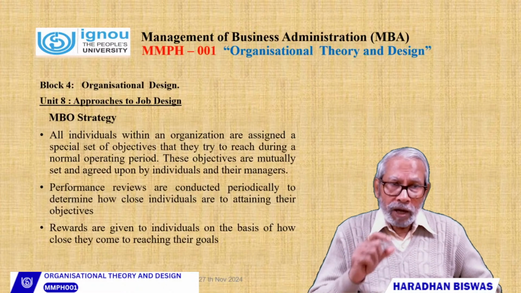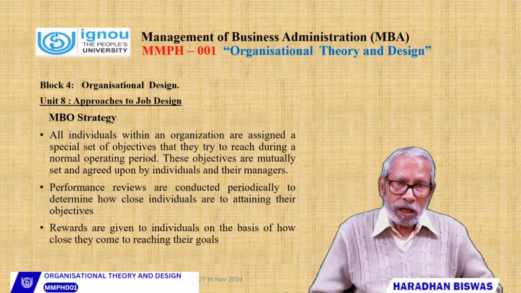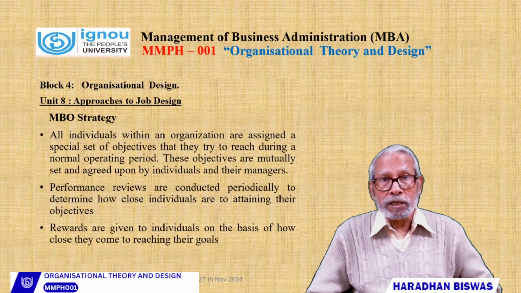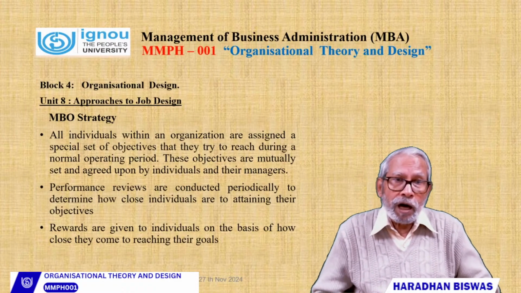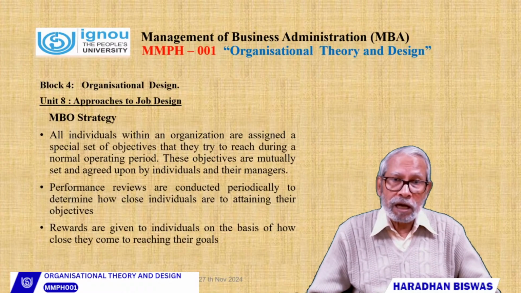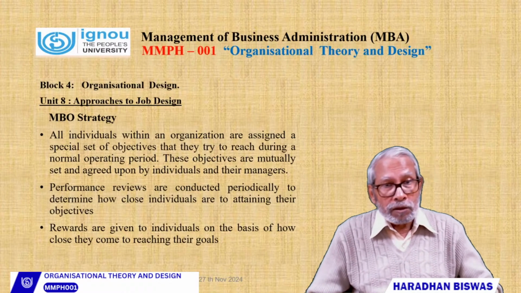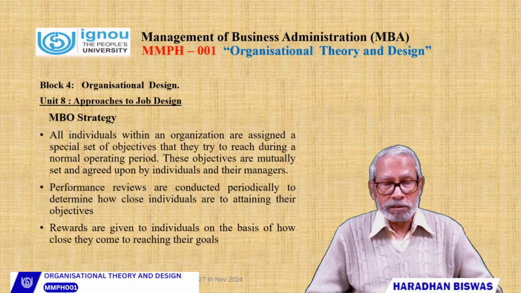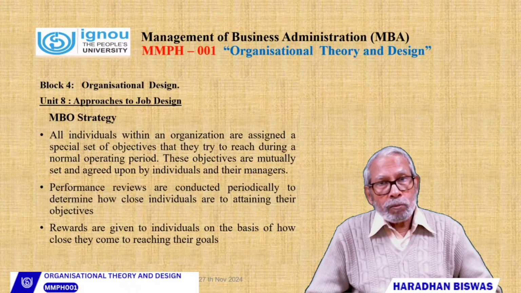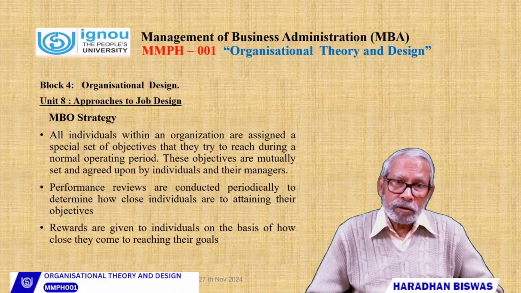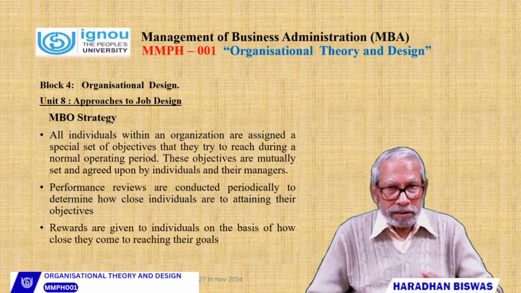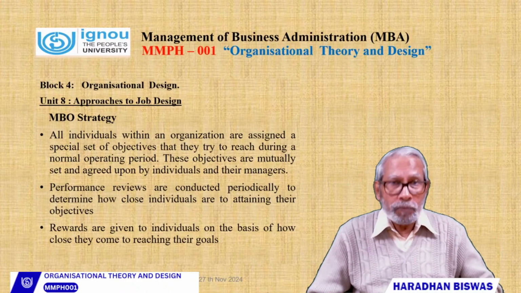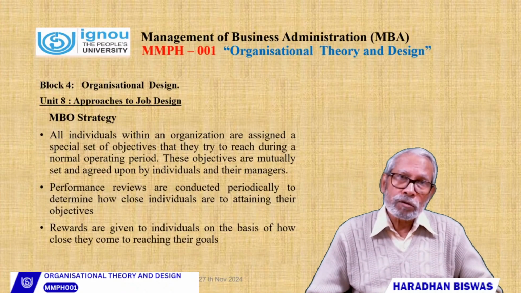Second, performance reviews are conducted periodically to determine how close individuals are to attaining their objectives. Suppose he has agreed, okay sir, I will finish it in 3 months. In between you have to periodically check and review whether he is really approaching the target or not.